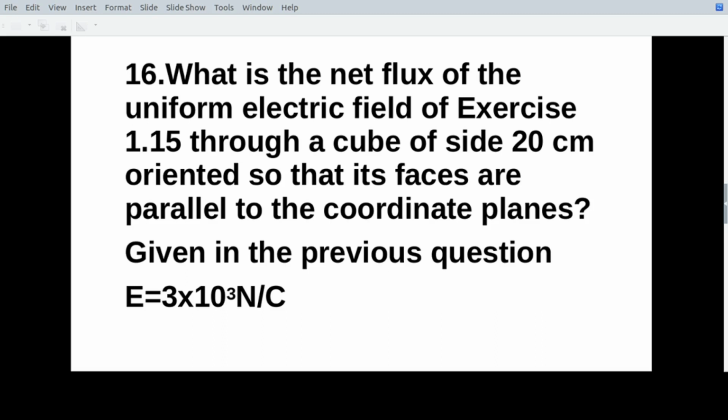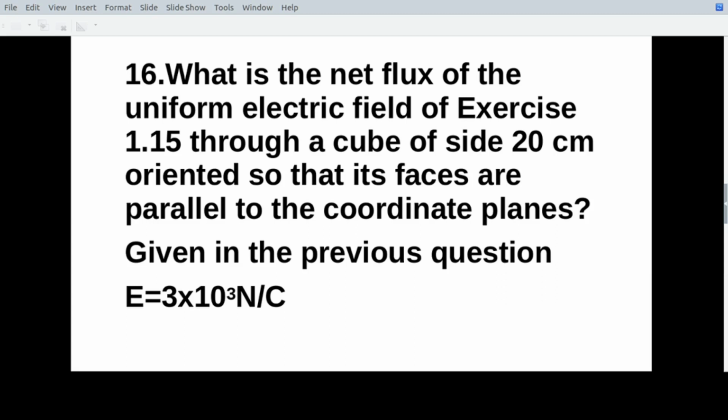You are asked to find out the net flux, okay, through a cube, and side of the cube is given. It is oriented so that faces are parallel to coordinate planes. Coordinate planes you know, okay, xy, yz, xz, okay, 3 coordinate planes. And the faces of the cube are parallel to the coordinate planes.